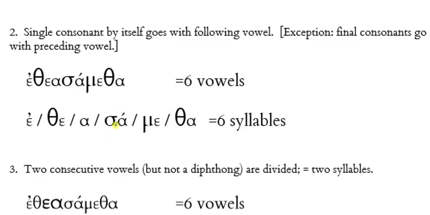So if you notice the way this is sliced, then theta has this vowel, the sigma has that vowel, the mu has this vowel, and the theta has that one, okay? So etheasametha. Again, we'll deal with single vowels here in just a moment. I had 6 vowels. I have 6 syllables here. 1, 2, 3, 4, 5, 6. No diphthongs. That's not a diphthong, is it? There's no iota or upsilon here.